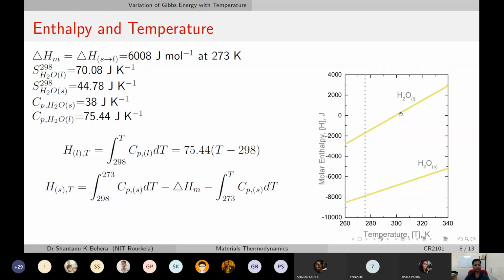Cp of S. Oh no, this has got to be liquid. Sorry, there is a mistake here. It's got to be Cp liquid dT. So we come from 298 Kelvin to 273 Kelvin, and then I come down on the latent heat of melting. I take out the latent heat from here to here, which is minus this.